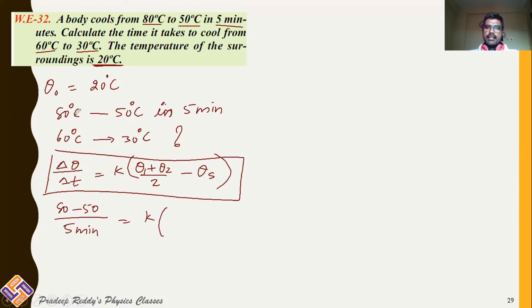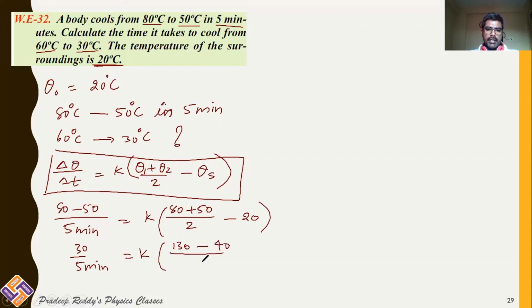Initially it is at 80 degrees Celsius, but finally it is 50 degrees Celsius, so you need to take the average: 80 plus 50 divided by 2, minus the temperature of the surroundings, that is 20. 80 minus 50 is 30, divided by 5 minutes, is equal to some constant K into 80 plus 50, that is 130, minus 2 into 20, that is 40, divided by 2. So the final equation is 30 divided by 5 minutes is equal to K into 130 minus 40, that is 90, divided by 2. This is equation number 1.